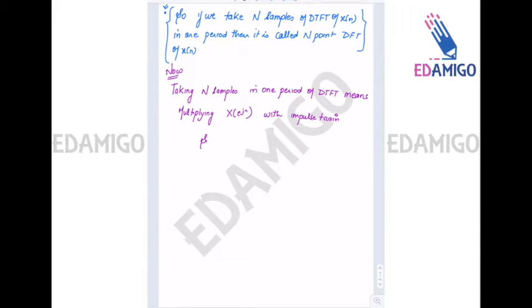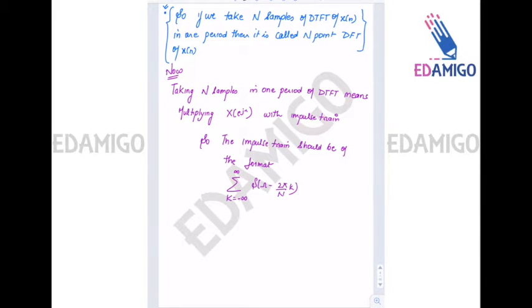So I can say that the impulse train should be of the format δ(σ − 2π/N k), where k goes from minus infinity to infinity.